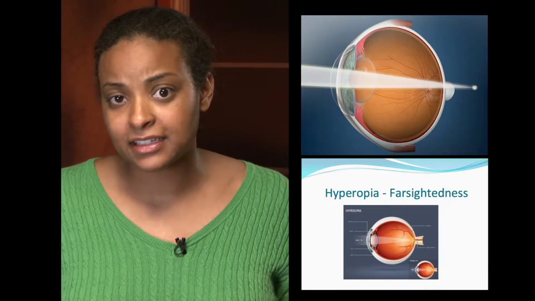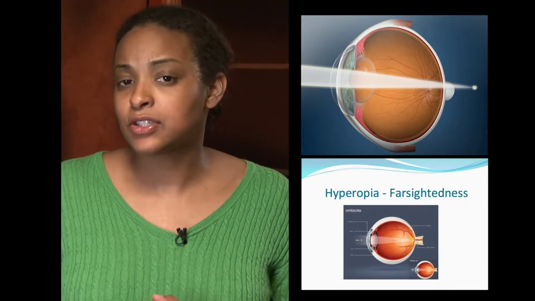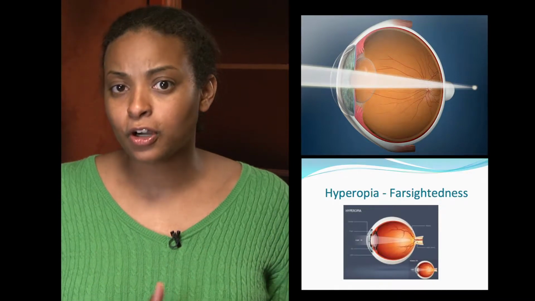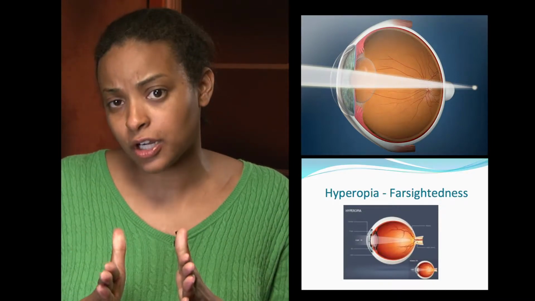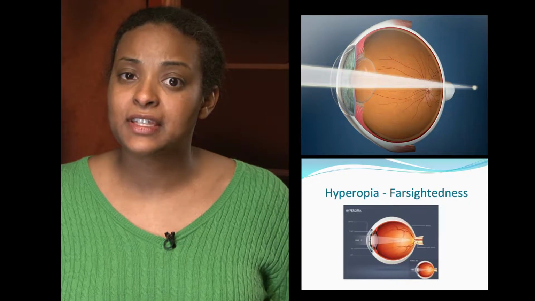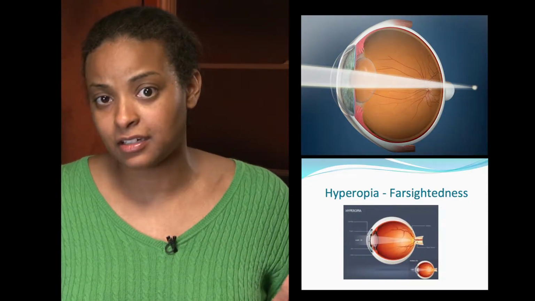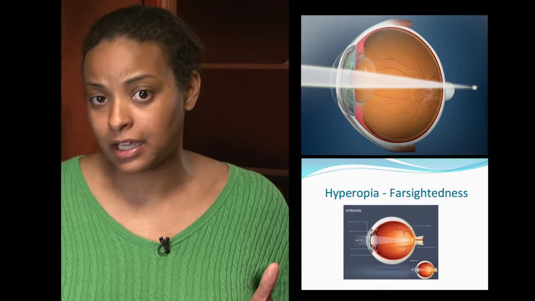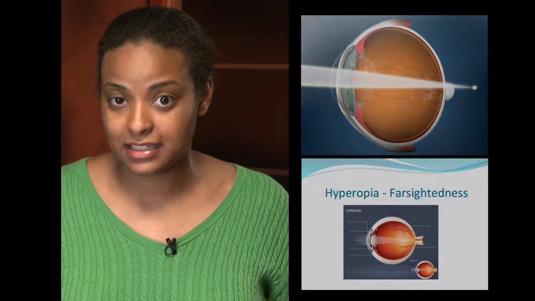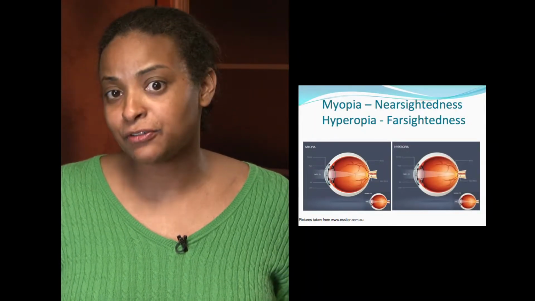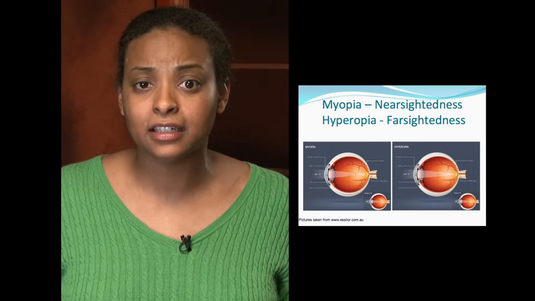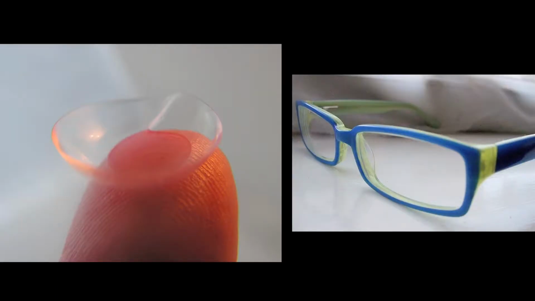On the other hand, if the cornea is too thin, or if your eyeball is too short, light will refract or bend behind the retina, causing hyperopia or farsightedness. These refractive errors can be corrected by using either contact lenses or glasses.